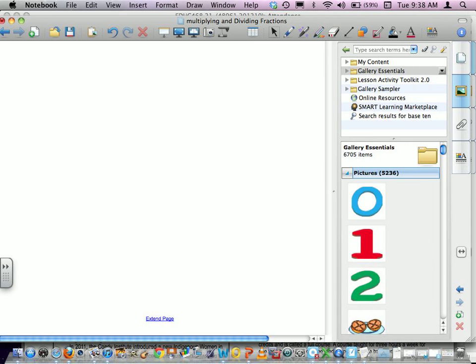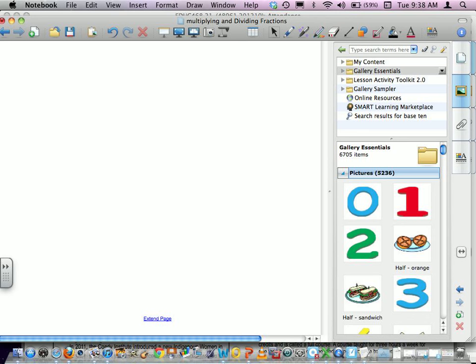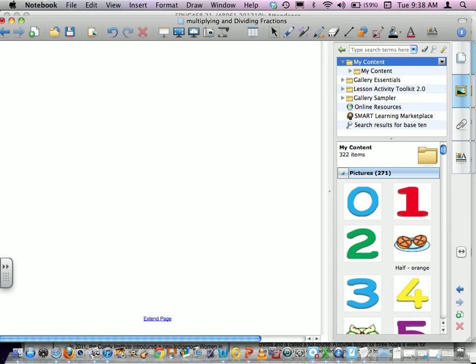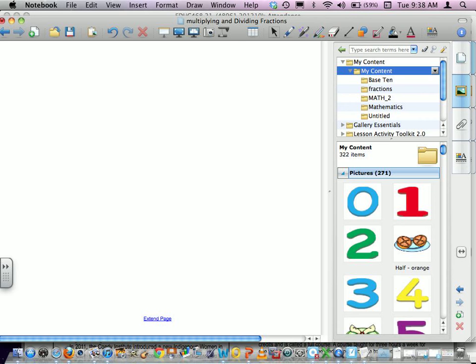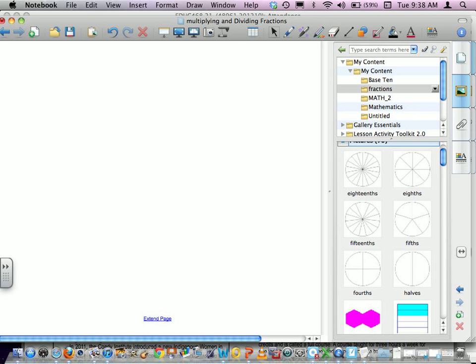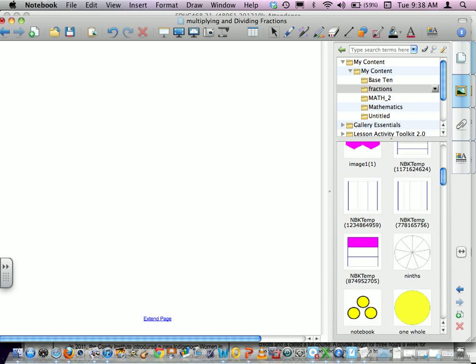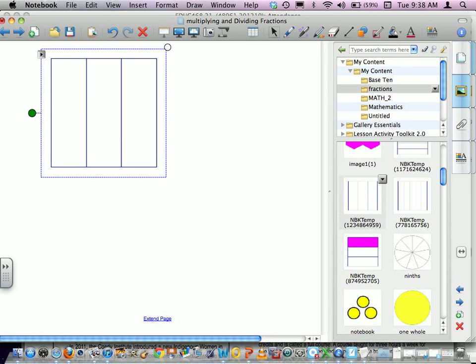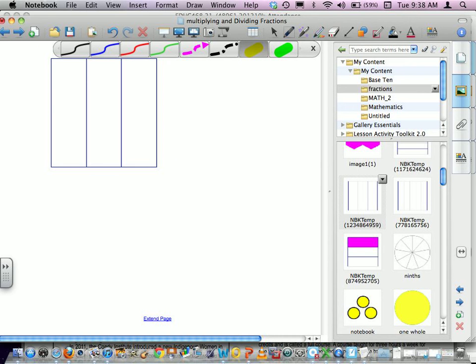So here's my thirds. I'm going to take my highlighter. And I need to find some quarters.